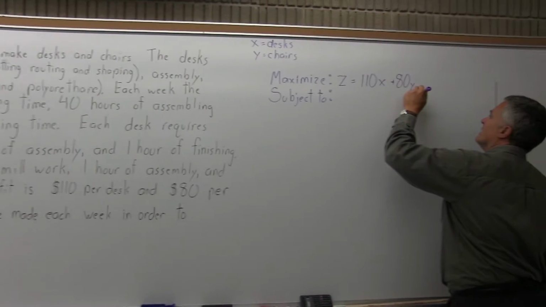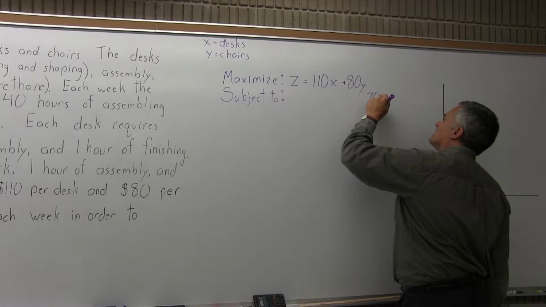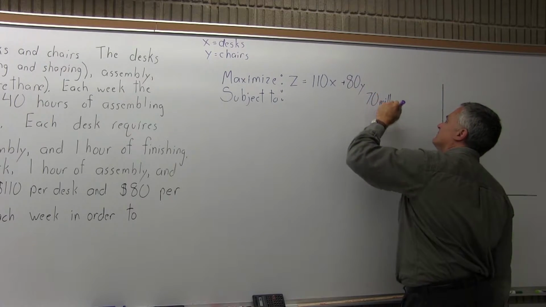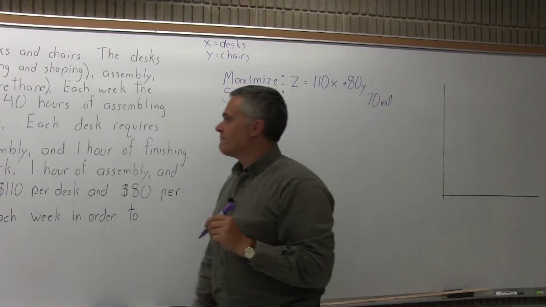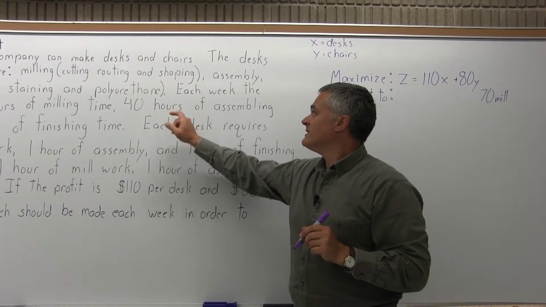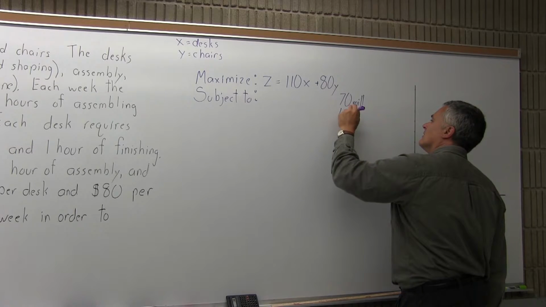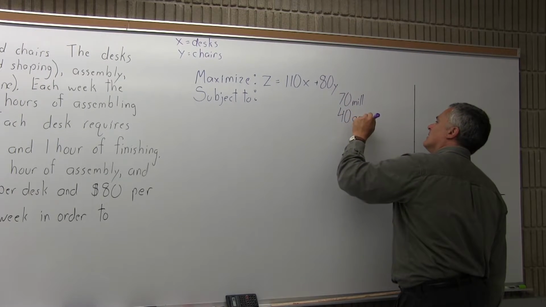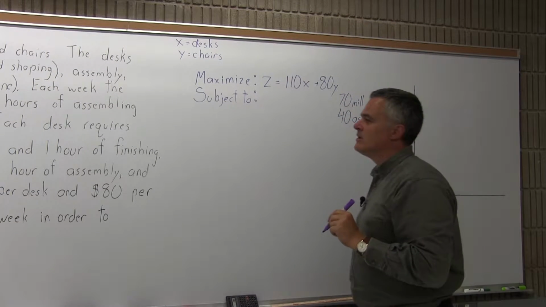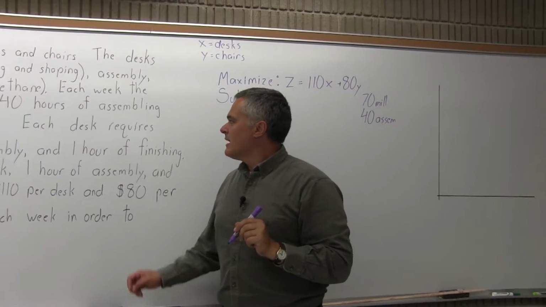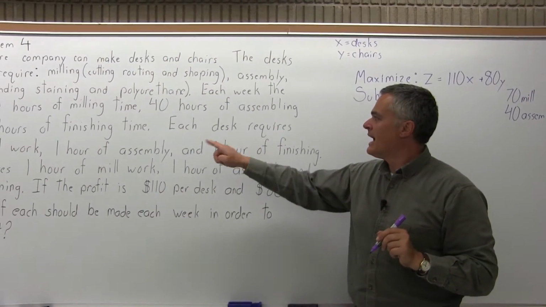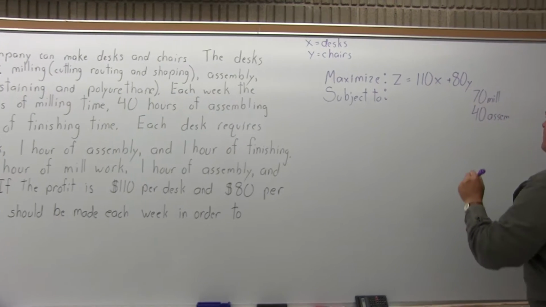So let me put a 70 here, and I'll just write next to it mill. Next, 40 hours of assembly. I'll abbreviate a little bit for assemble. And 90 hours of finishing time.